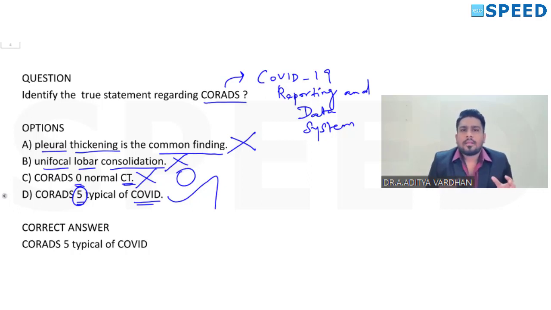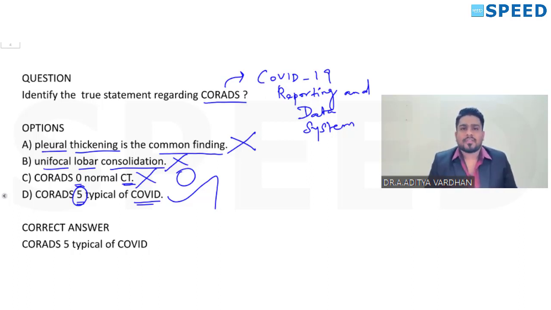So the examiner's mindset here is, right now we are living in the pandemic of COVID-19, hence they have come up with a CO-RADS question. But what they are expecting is a little bit higher from you. On a radiological perspective, they want you to know what CO-RADS is, what the numbers are, CO-RADS 1, 2, 3, 4, 5, the types of CO-RADS, what belongs to what, and what are the typical findings and what are the atypical and very atypical findings of COVID-19.